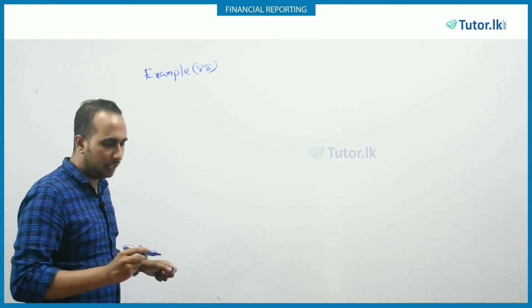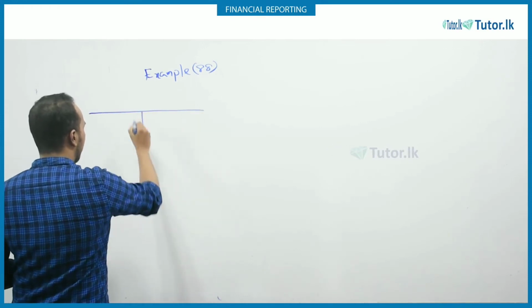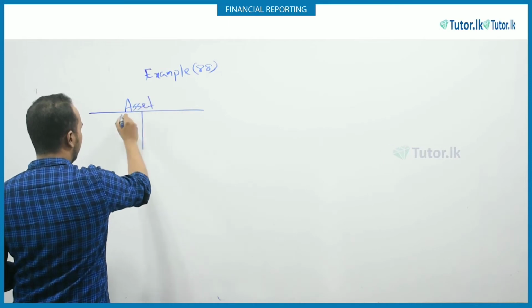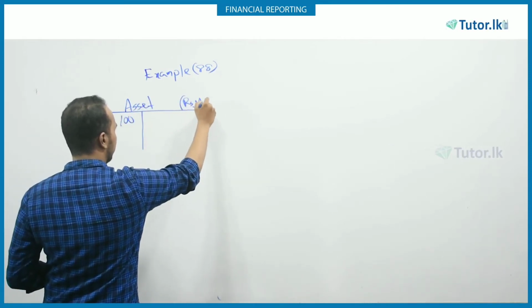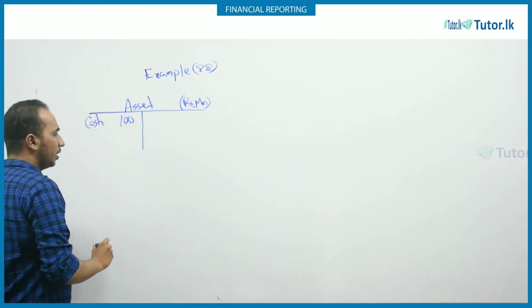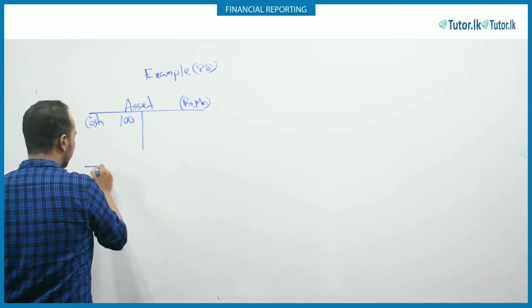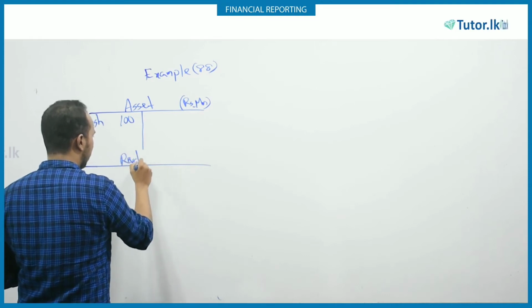So we have acquired the asset. We don't know the asset account, we just take it as asset at 100 million, in rupees million figures, and subsequently what has happened? We have revalued it to 150. So the simple entry is what? A revaluation reserve account is required.